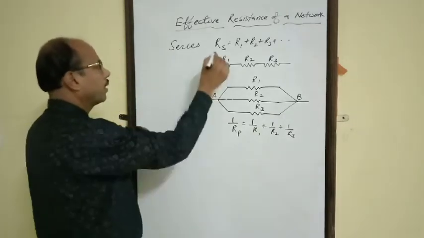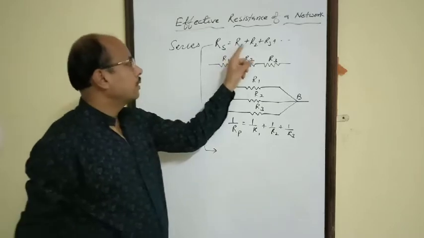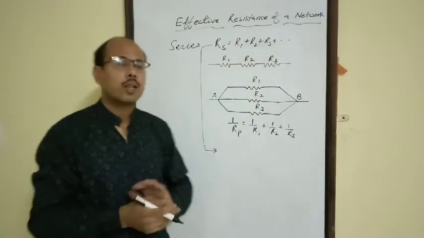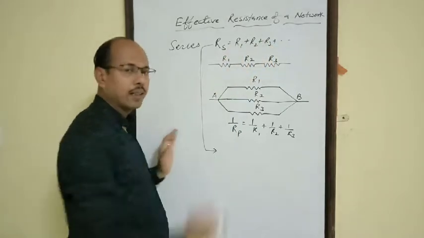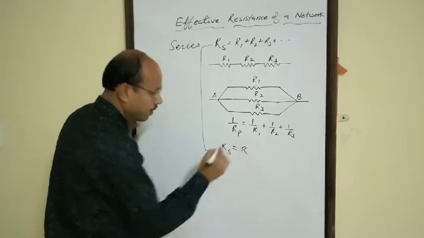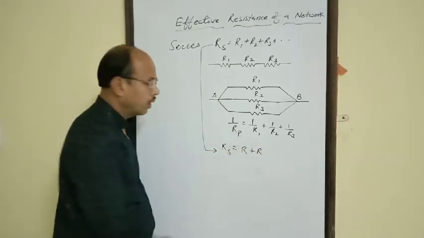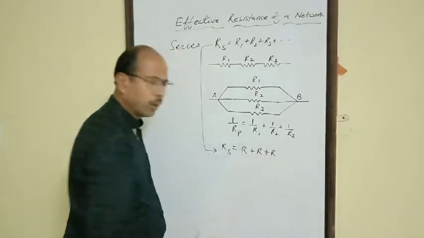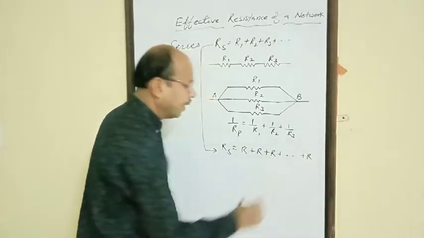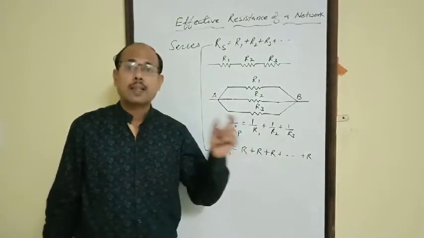One more point related to this. Let us suppose all the resistors which are connected in series are exactly the same, which means they are identical. Let us suppose the first resistance has value R, the other also has value R, and the other also has value R, and there are n resistors having the same value R each.